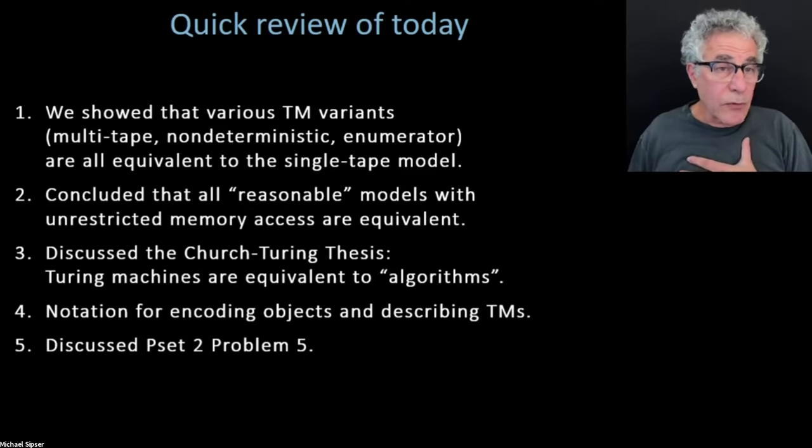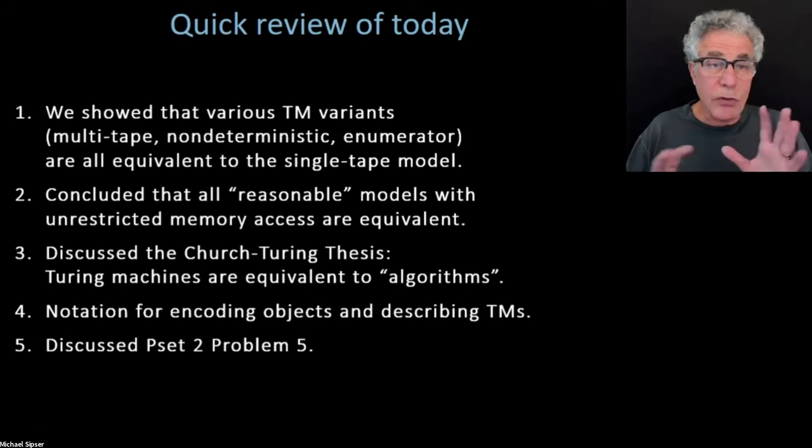Somebody's pointing out, trying to be helpful, that maybe these folks are asking about the equivalence of various different computation models being proved in the book, not the Church-Turing Thesis itself. Well, the things that we proved in lecture are also proved in the book, about the equivalence of single-tape machines, multi-tape machines, and non-deterministic machines. Those are all proved in the book.